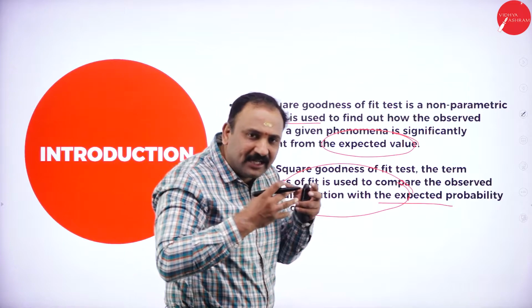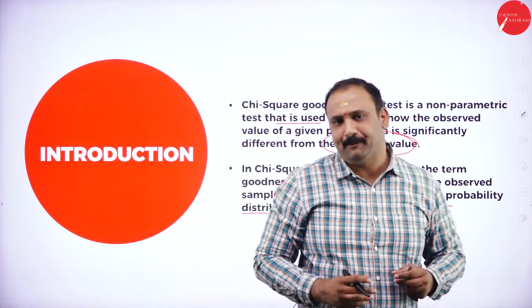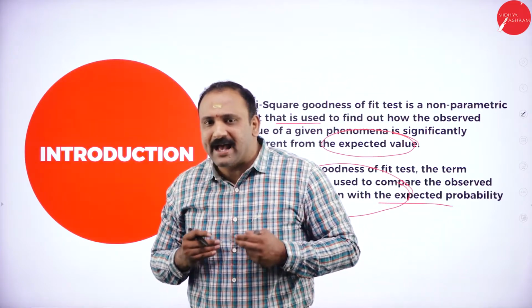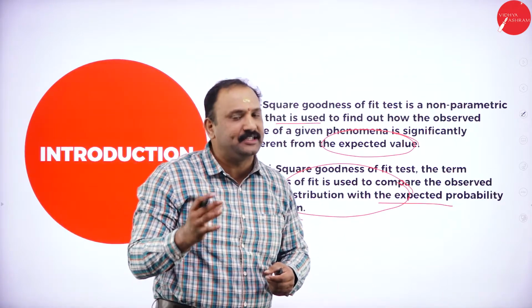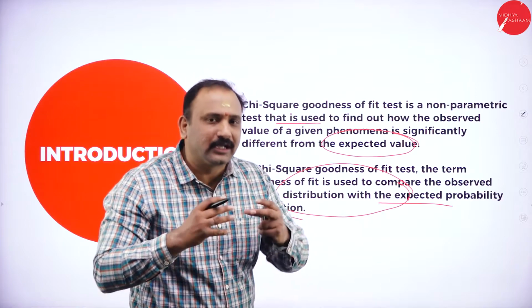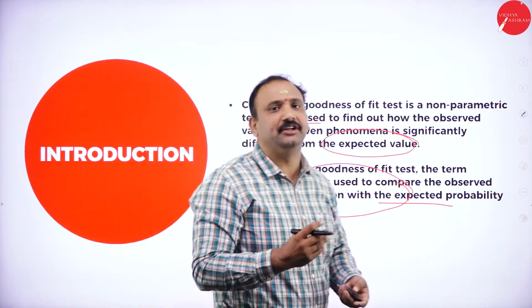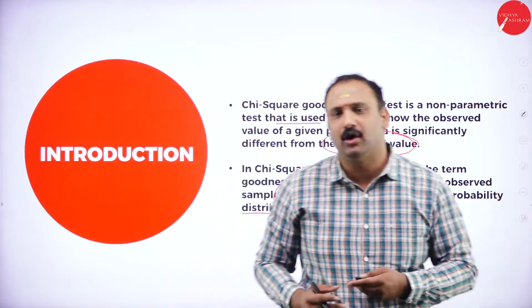So what we have collected as a sample, I'm going to compare and contrast it with the expected probability value and see how good, how clear it is able to match in terms of the result altogether.